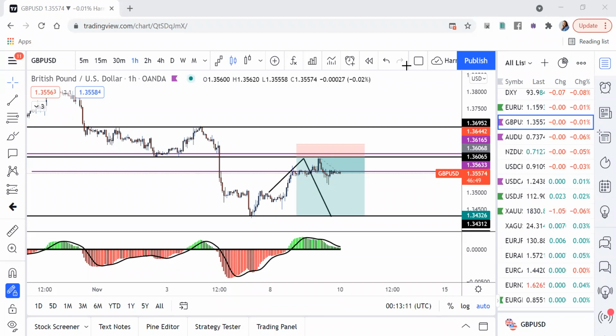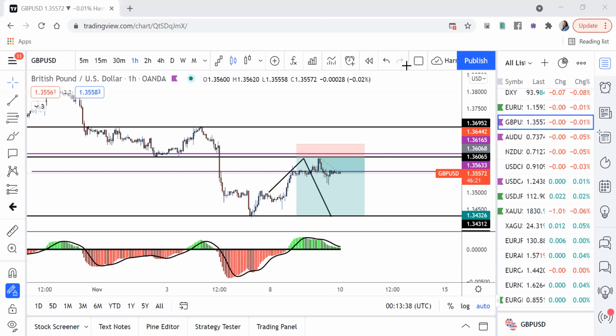Should I be looking for a buy? Should I be looking for a sell? Is it a long-term buy? Is it a short-term sell? I think this is very important for us as upcoming traders to know. So we're gonna go through that.